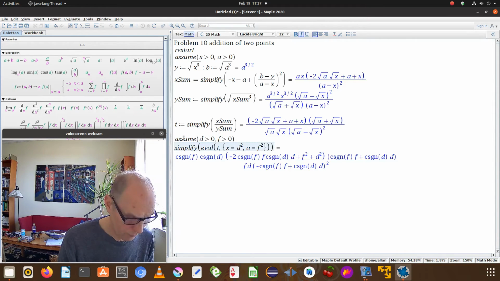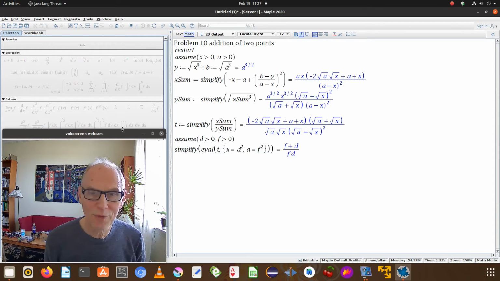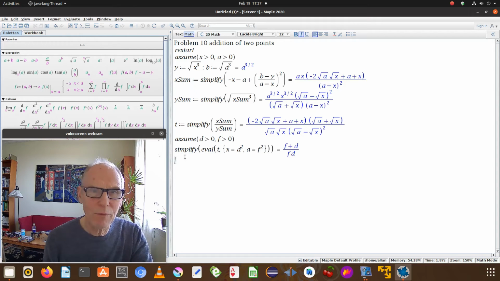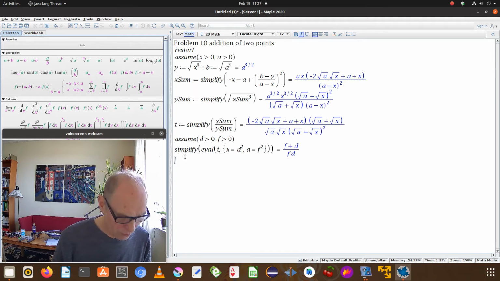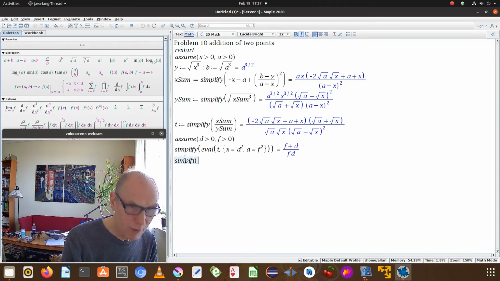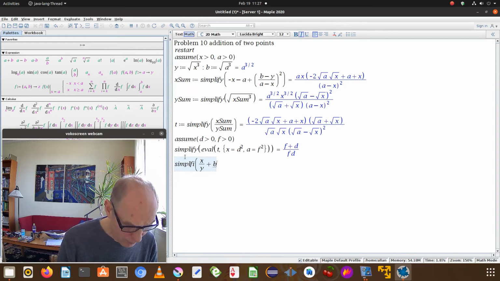Oh my God, we get the right result. So this is, or do we? Now the original, so simplify, it was x divided by y plus b divided by a.